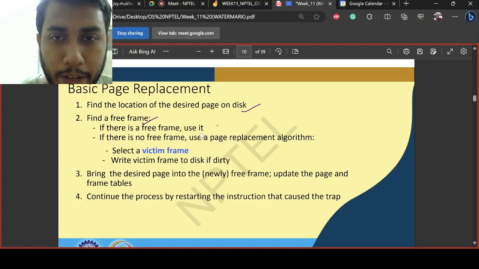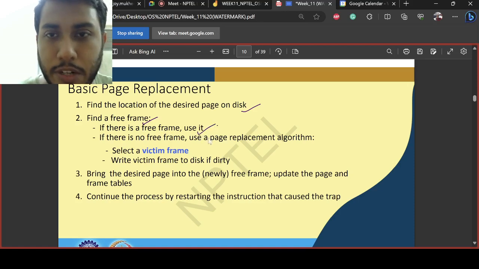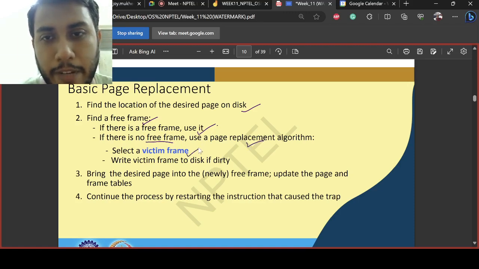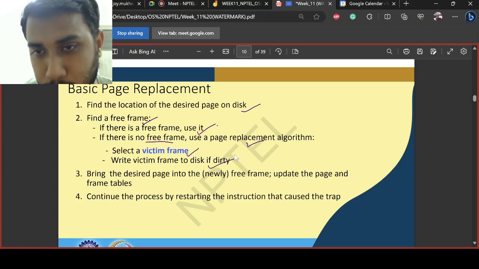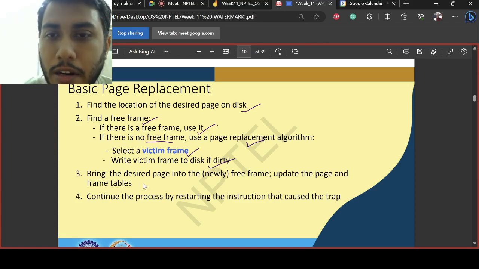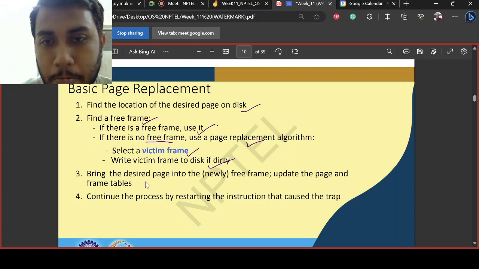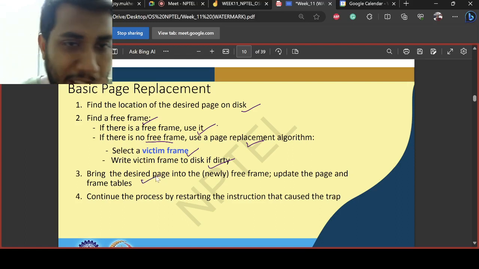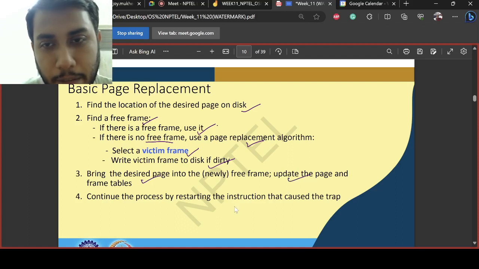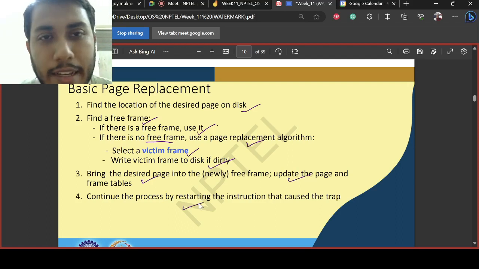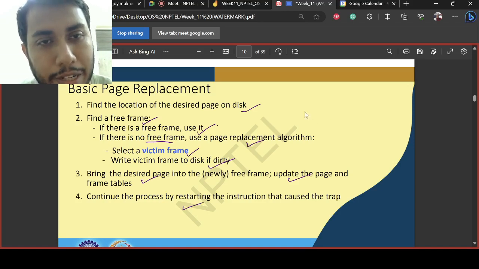If a free frame is present, then we use it. If no free frame is present, then use a page replacement algorithm. Find a victim frame, and write the victim frame to the disk if it is dirty. Bring the desired page into the new frame and update the page and the frame tables. Continue the process by restarting the instruction that caused the trap. Quite plain and simple, what we discussed previously.